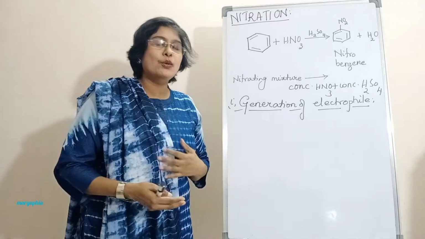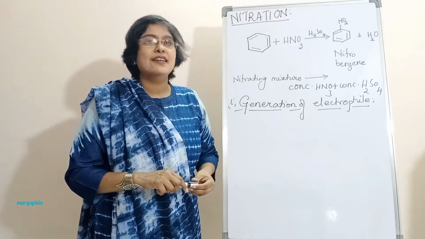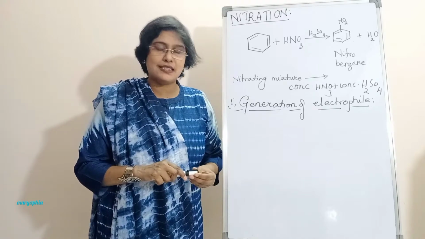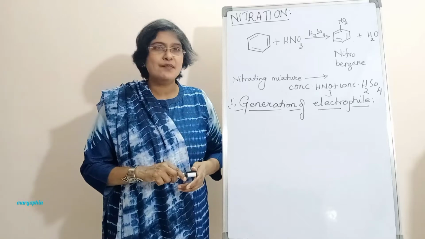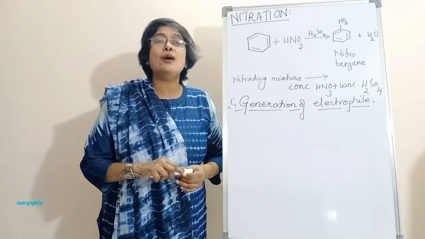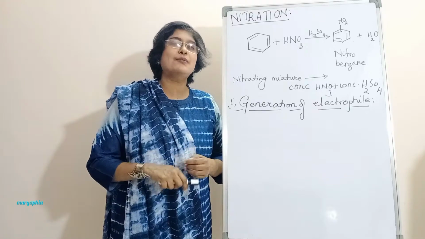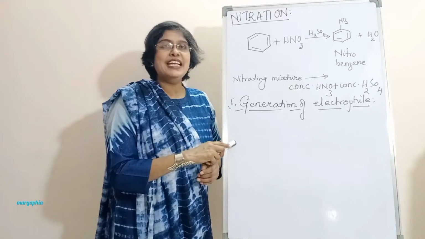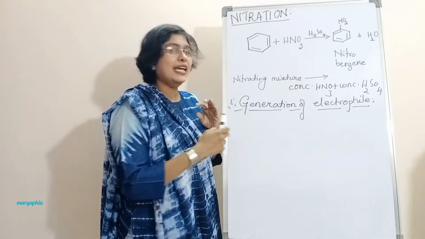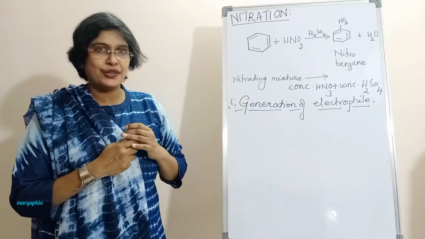And if we look at the mechanism, in the last class we saw that electrophilic aromatic substitution involves 3 steps, of which the first step is how the electrophile is generated. That is nothing but generation of electrophile. In this reaction, I will show you how the electrophile is generated.